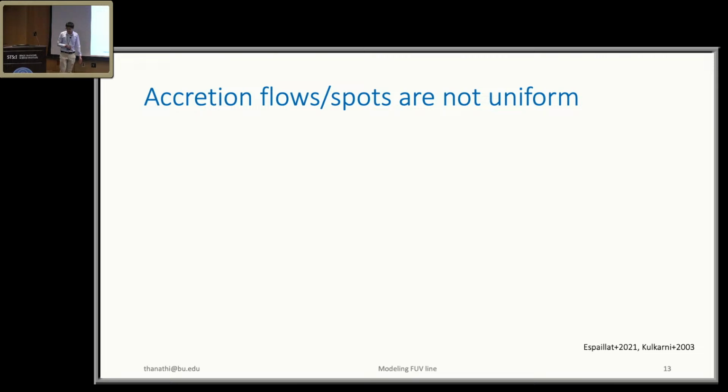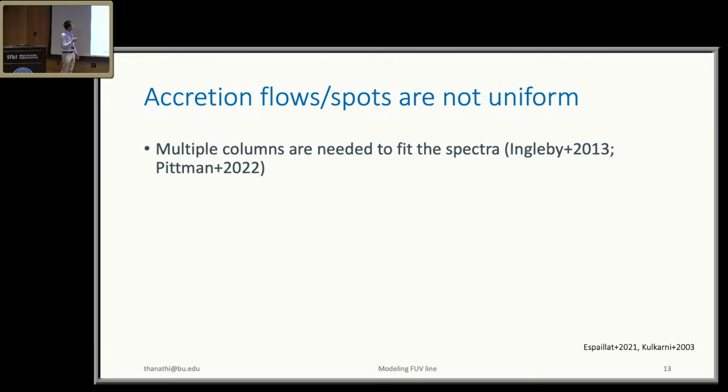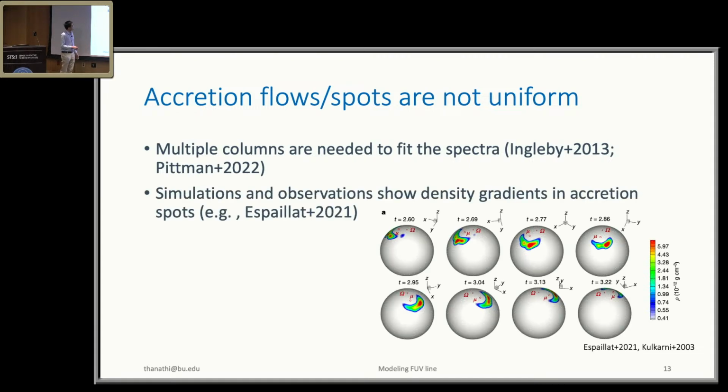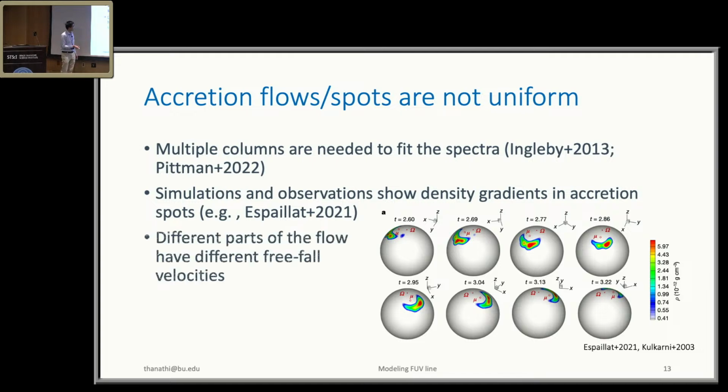But we know after that 20 years old paper that accretion flow and spots are not uniform. Multiple columns are needed to fit the spectra. Simulations and observations show that there is a density gradient in the hotspot. And so the flow is extended. It comes from different truncation radii, which translate to different free fall velocity.